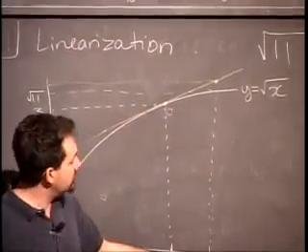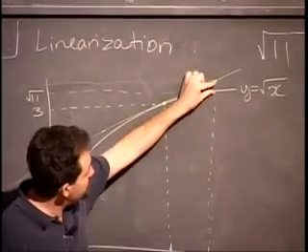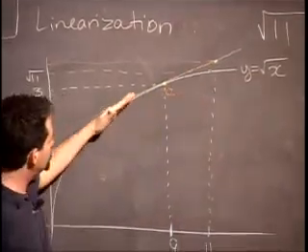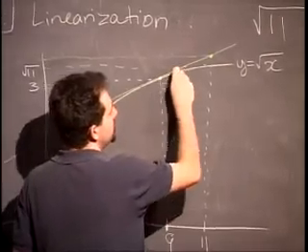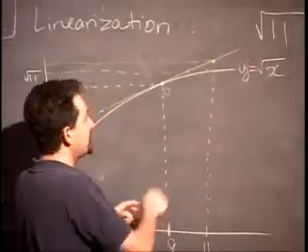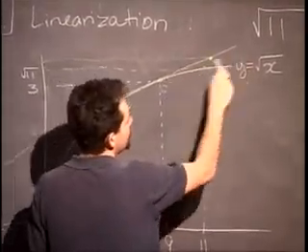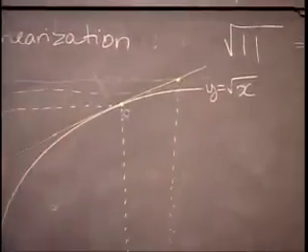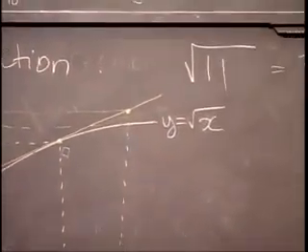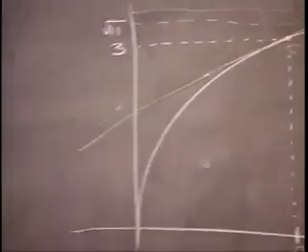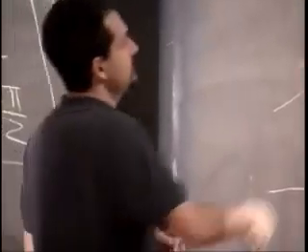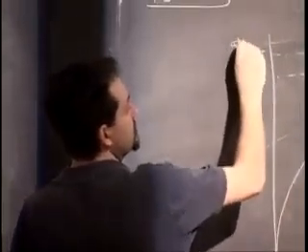So even though you've gone a little bit further to 11, it's still fairly close. In fact, the true graph of root x, I should have drawn it a lot closer. I think the graph that I have in my book is closer, but I knew you couldn't see the difference out there, so I've exaggerated it. Anyway, we're going to use this as our approximation.